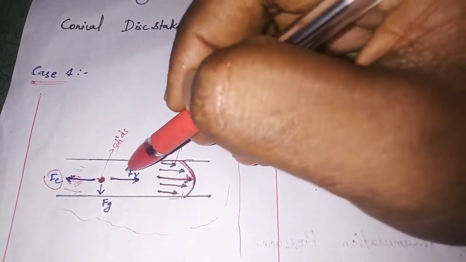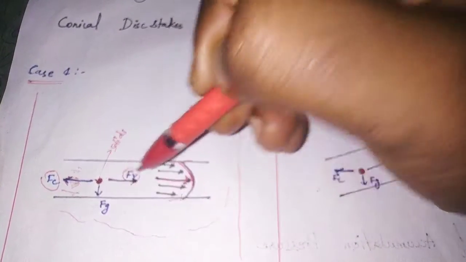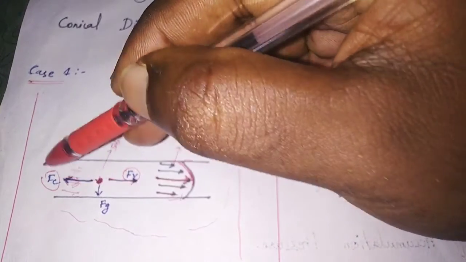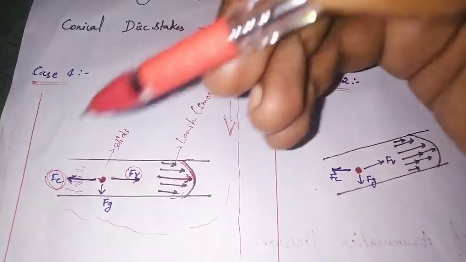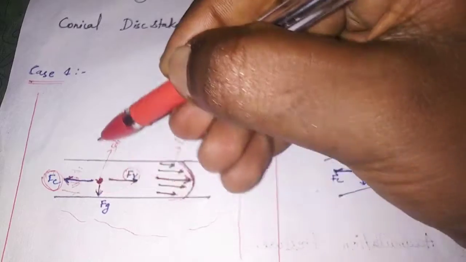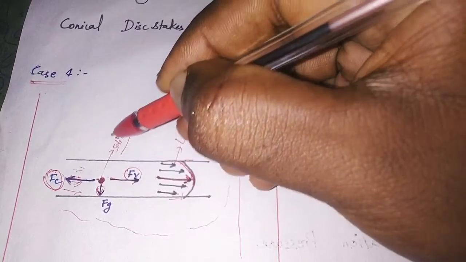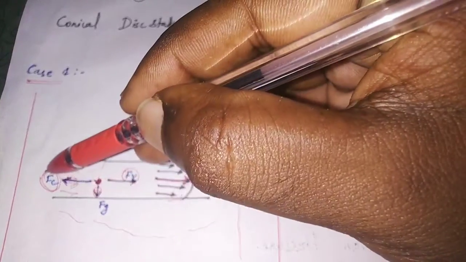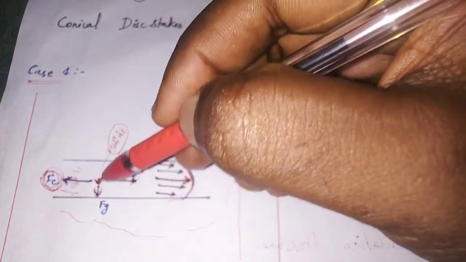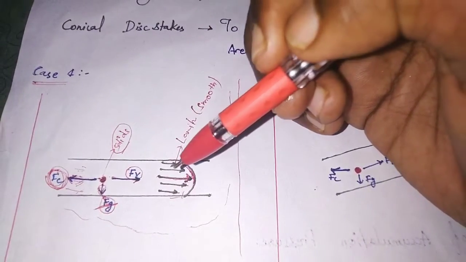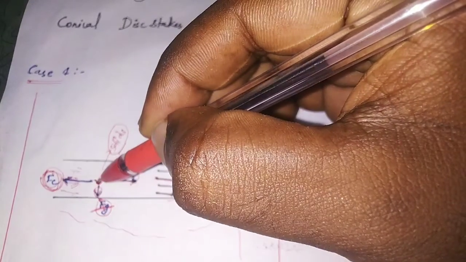The third is gravity. The centrifugal force is many times higher than the gravity force, so we neglect gravity. There are only two forces acting on the solid: the velocity force and the centrifugal force.